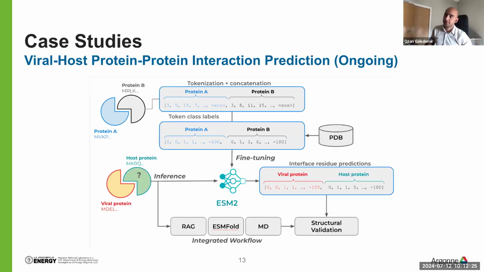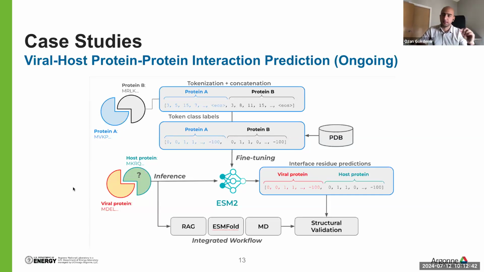So I'm going to finish with a few case studies. One way we're using RAG is a workflow where we are trying to predict viral host protein-protein interactions. What do I mean by that?